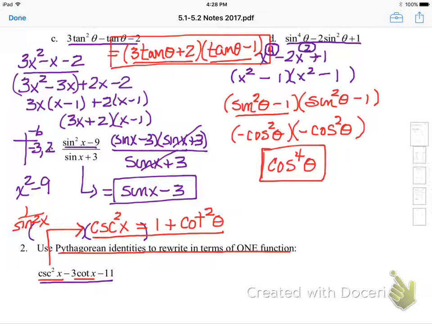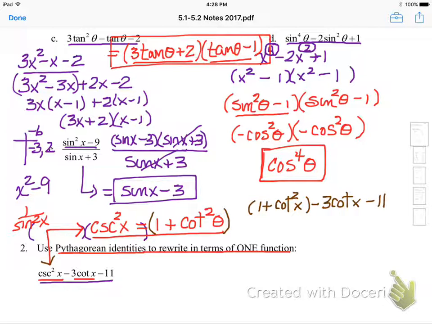So I'm going to plug that in. Let me get my purple and my brown. Okay, I'm going to plug this in into here. So I'm going to replace that by saying 1 plus cotangent squared x, minus 3 cotangent x minus 11.